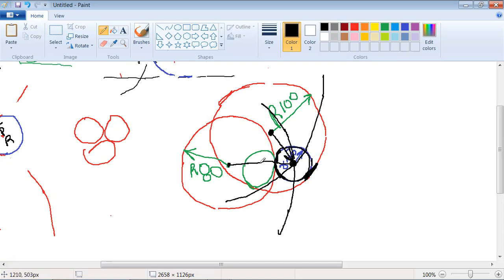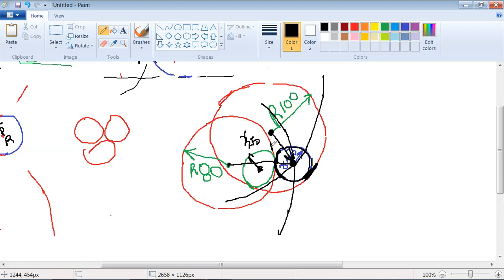One more time. The green one, say that the radius for the green one, for instance, is 25. Radius for the green one, 25. What we do in this case, for us to place this green one tangent to this red one, the green one is inside to this red one, right?